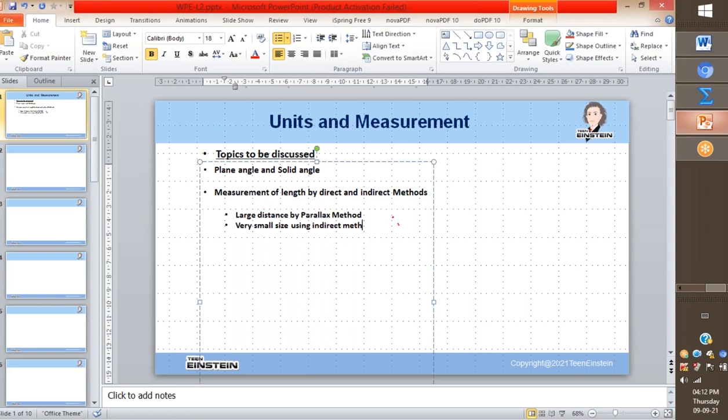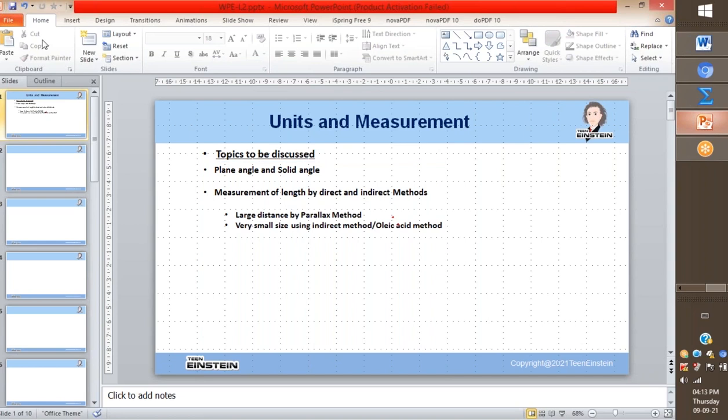These are obviously indirect methods. So actually this is the oleic acid method. So very small size we can measure.